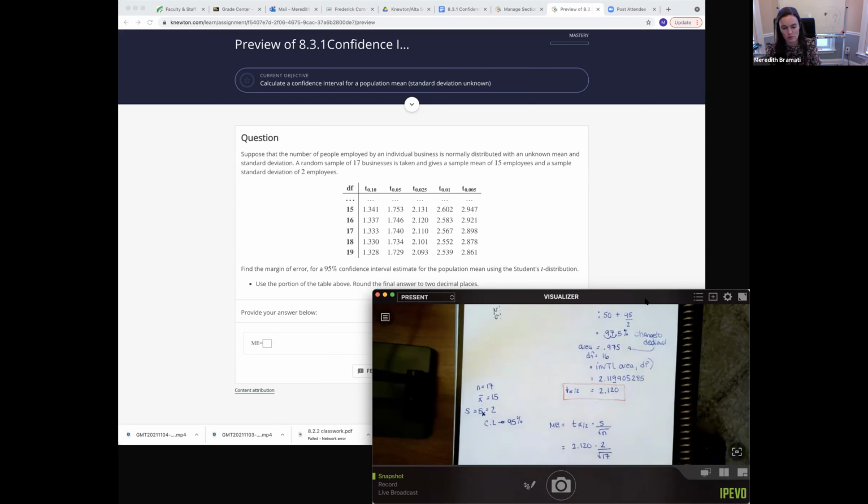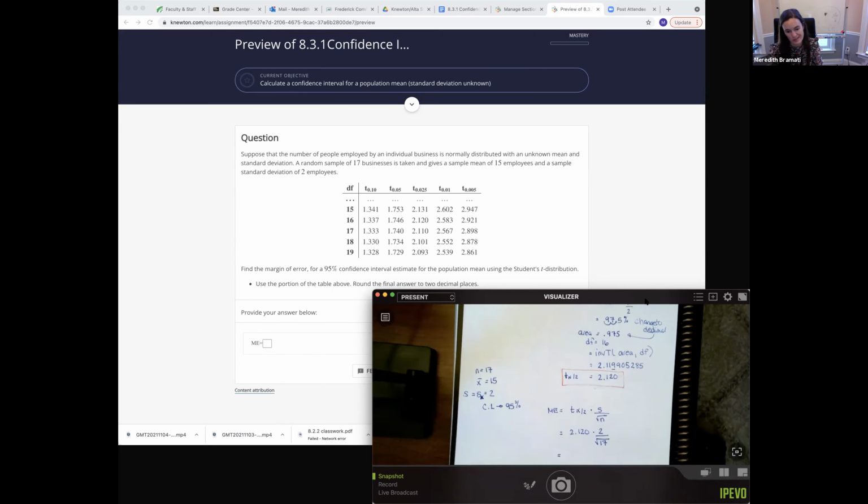And what do you get when you multiply and divide these together? 1.028.